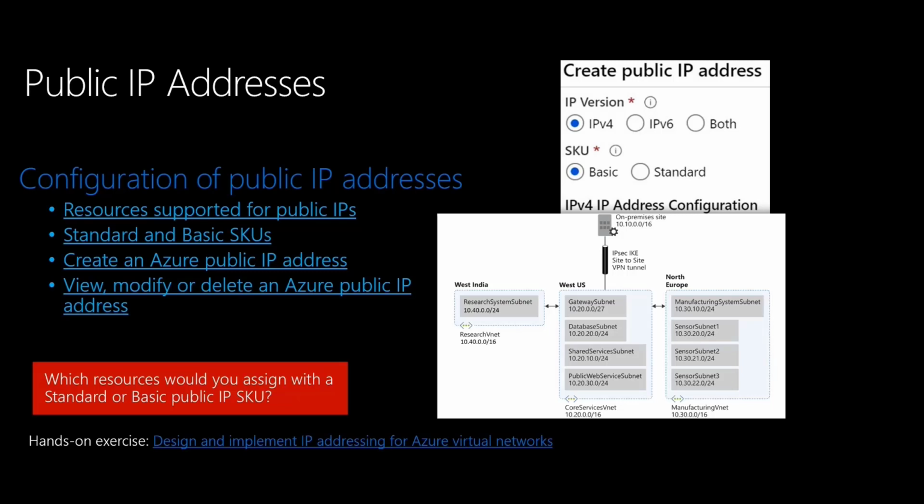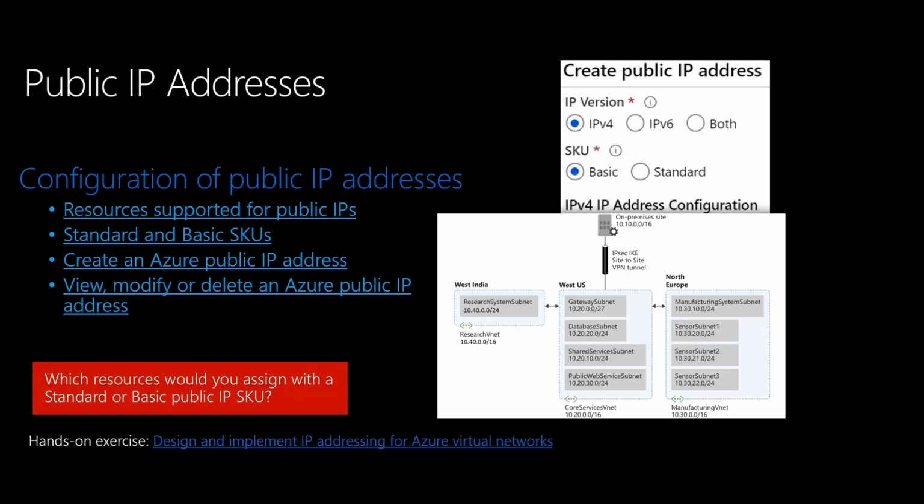As an example, you see here in the diagram there's the option to select either a basic or a standard SKU. Now with the basic SKU, public IP addresses can be assigned statically or using dynamic allocation methods like DHCP.